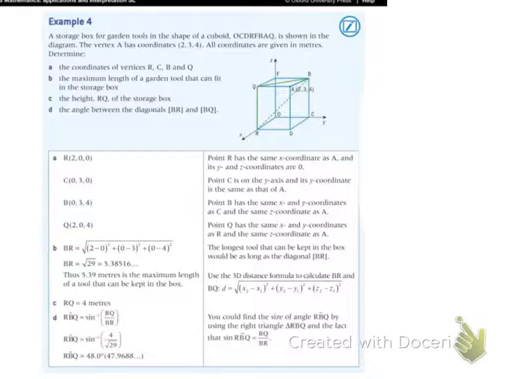Well, BR is this one, and BQ is across here. The cool thing about it is that this length across the top is parallel with the ground, and so it would form a right angle with the upright from Q to R. Here. That's a right triangle.